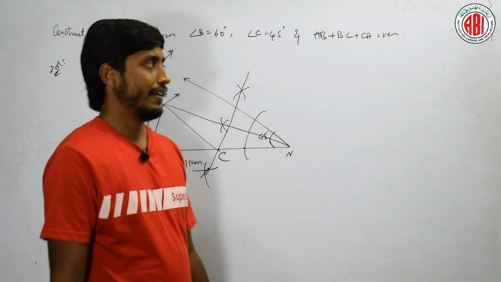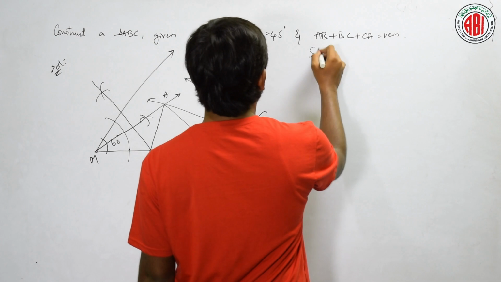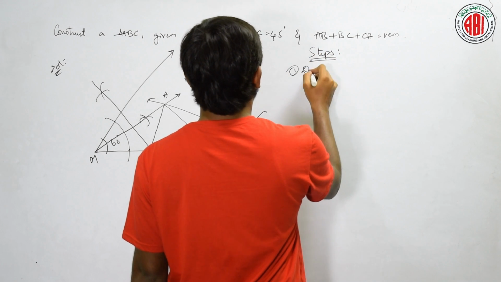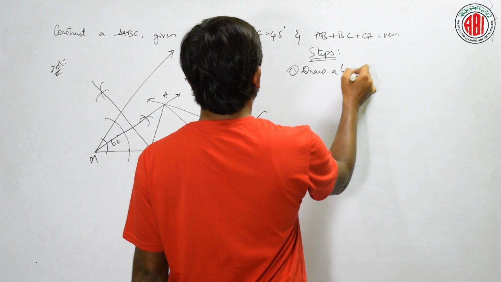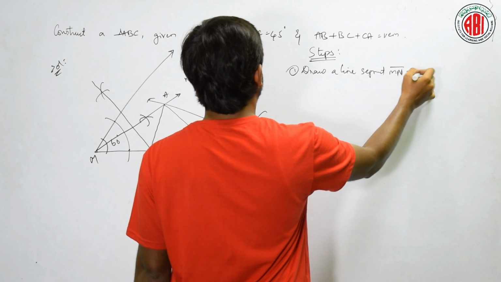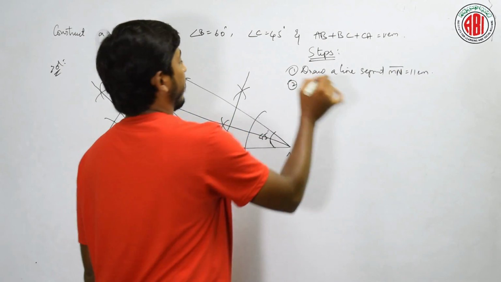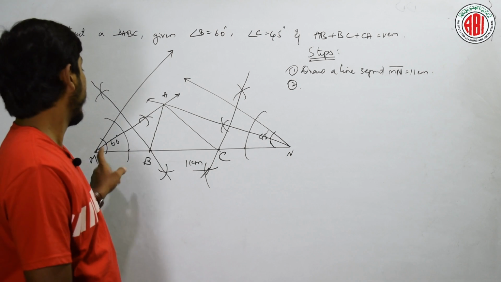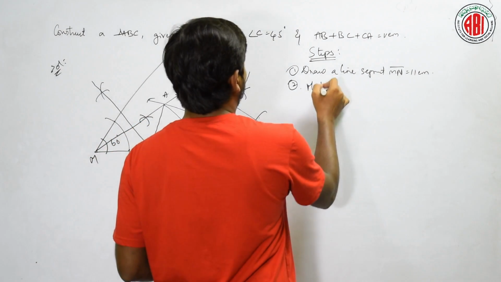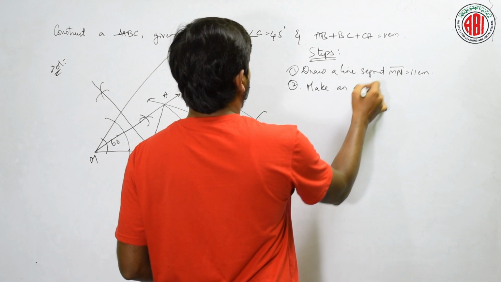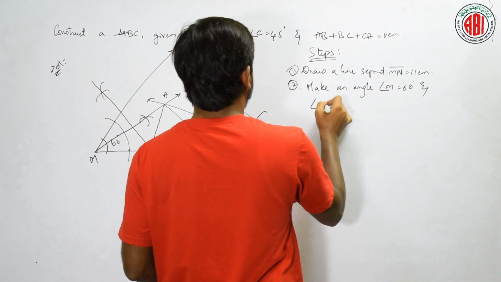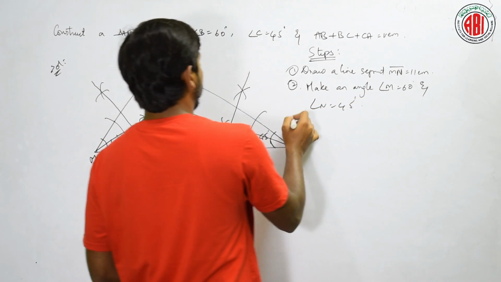Did you understand? Fine. Let us write steps of construction. What is first step? Draw a line segment MN is equal to 11 centimeter. Okay. Next, make an angle 60 degrees at M. Make an angle M equal to 60 degrees and angle N equal to 45 degrees.